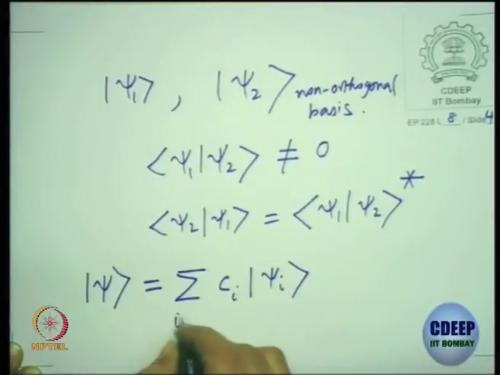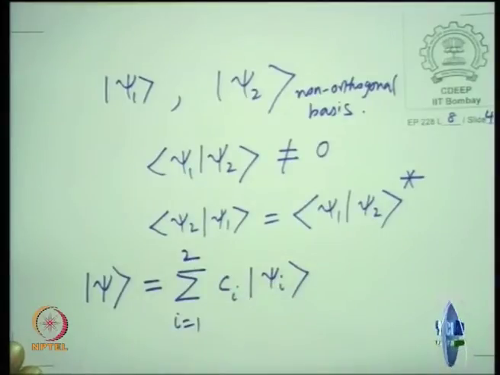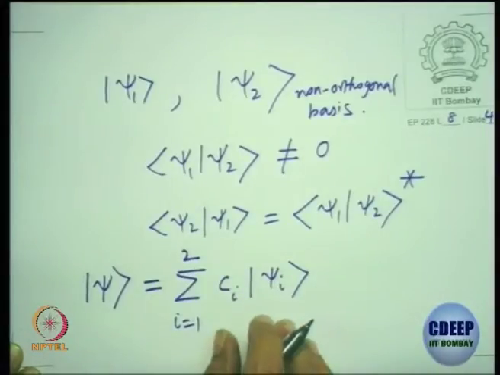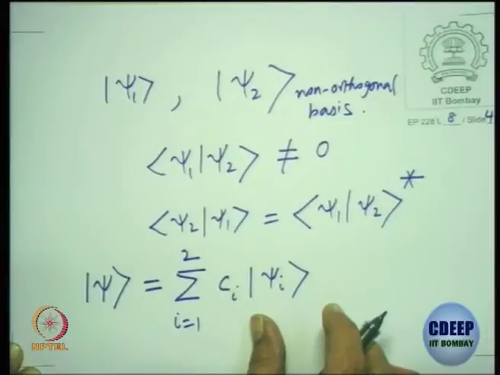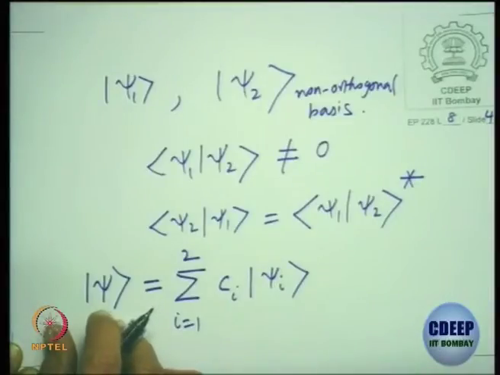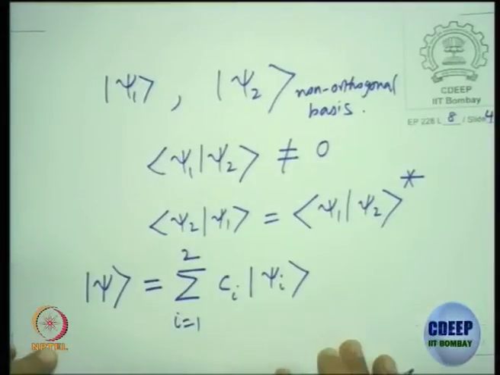For a 2-dimensional vector space, it is 1 to 2. So, this is the superposition of the basis states, which will give you any arbitrary state in the 2-dimensional vector space. So, this is why this forms a basis set, but this is not orthogonal.